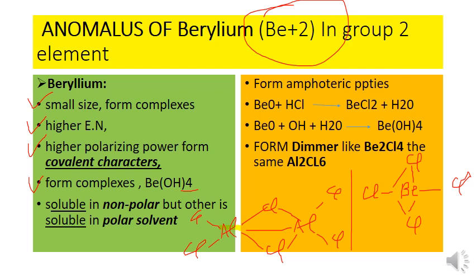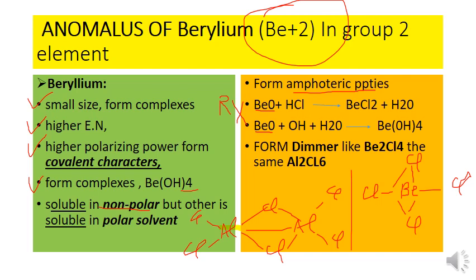Also, beryllium compounds are soluble in non-polar solvents, but the others are soluble in polar solvents. Beryllium also forms amphoteric compounds. Here, when an acid reacts with the amphoteric oxide of beryllium, it acts as a base.